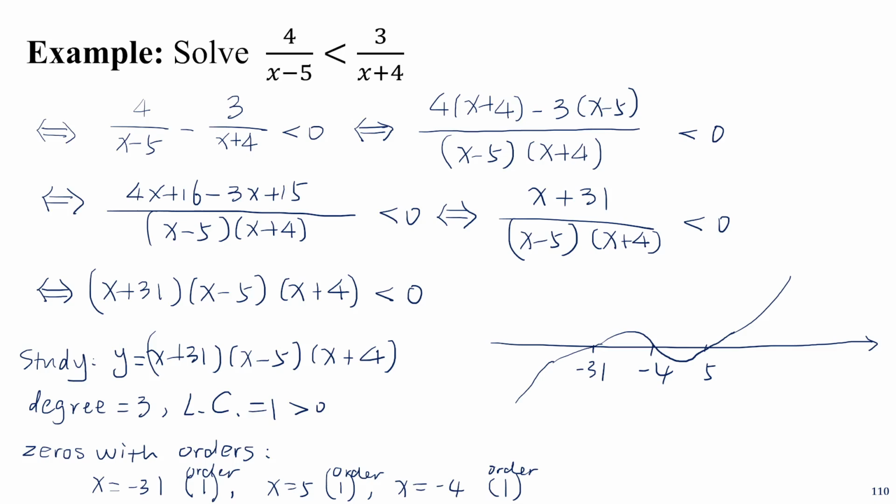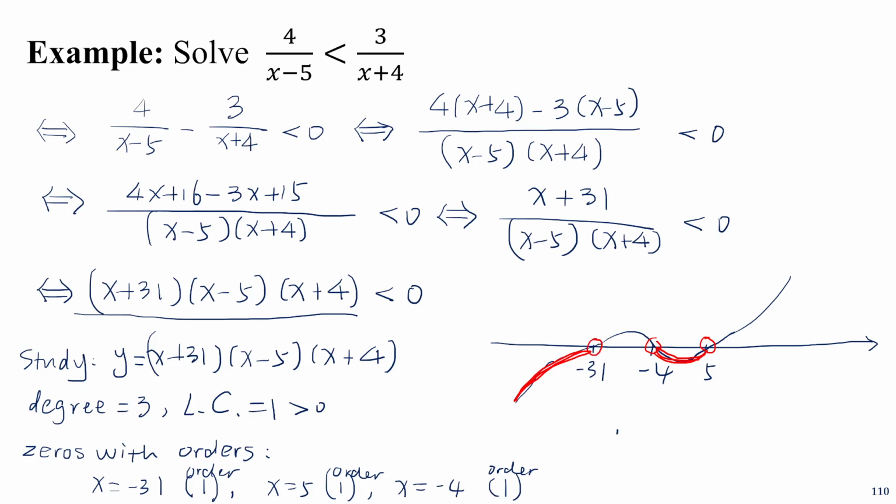You get it? And your task is to find any interval such that this function is less than 0. And from this graph, we know that is this interval here and this interval here. Do not include the endpoints.